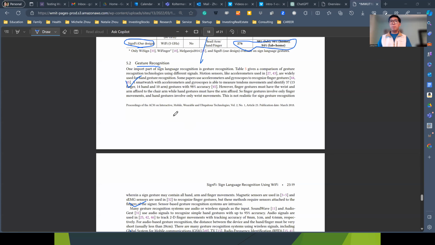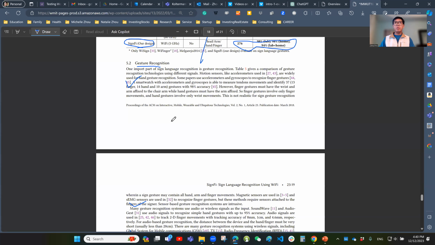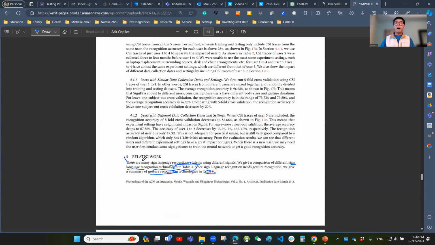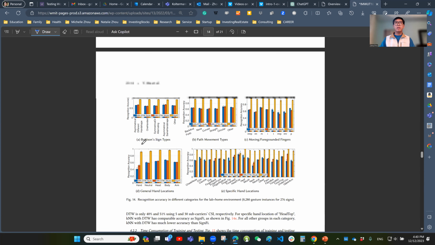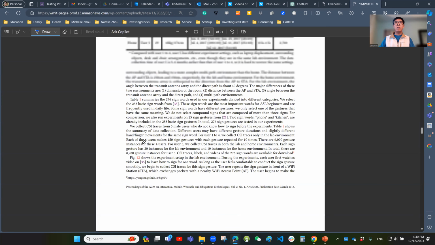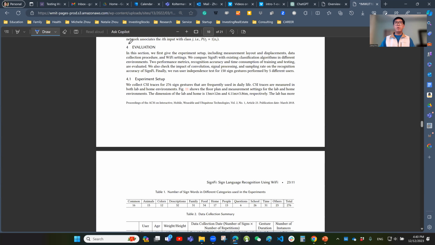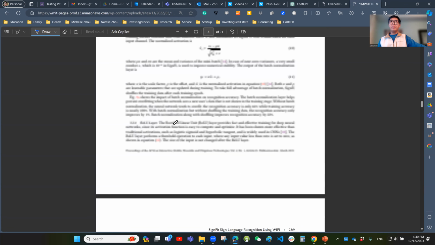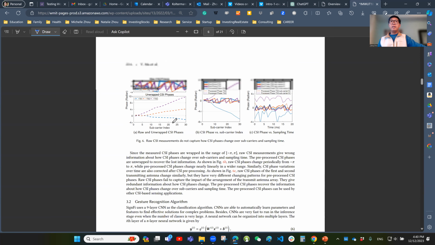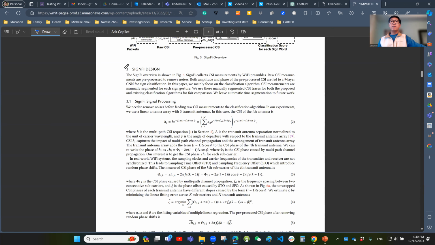Let's see here, where do I put it? The related work section, you see, is section 5. What's section 4? Section 4 is the performance evaluation of your proposed system. How about section 3? Section 3 is your proposed system design.